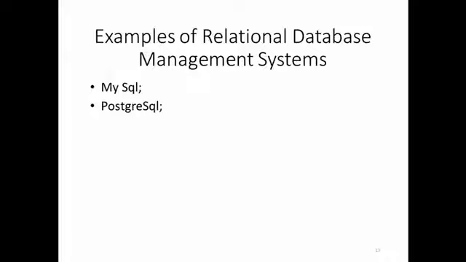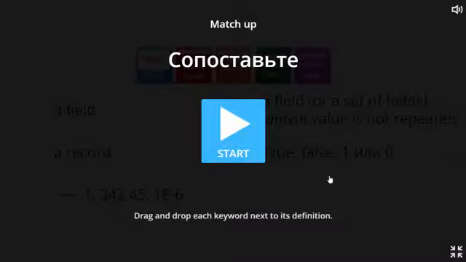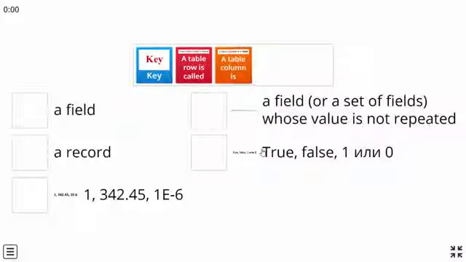Examples of relational database management systems: MySQL, PostgreSQL. Task: match the terms with the definitions using the Wordwall interactive system. Follow the link. Drag and drop each keyword next to its definition.